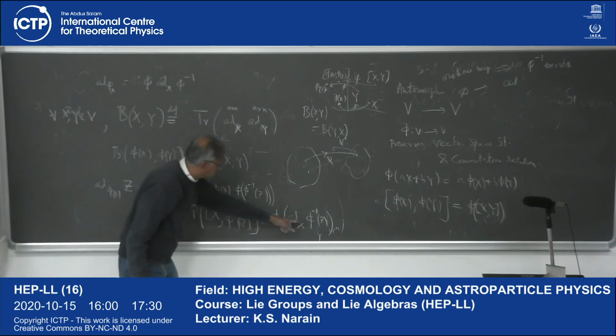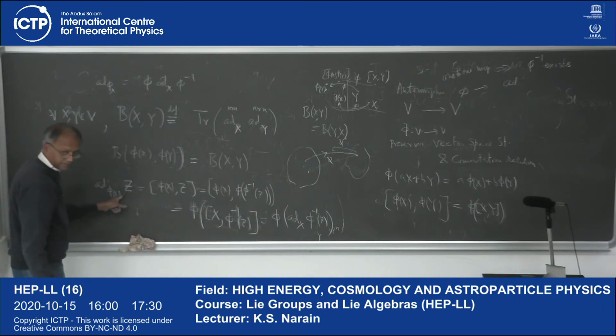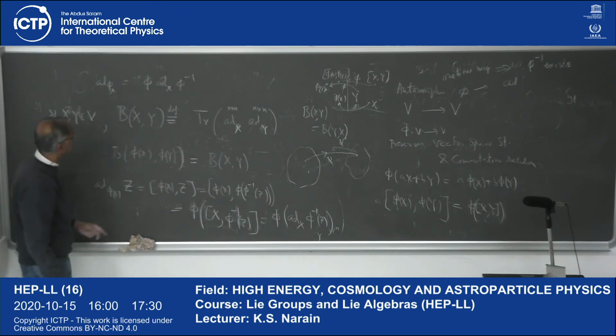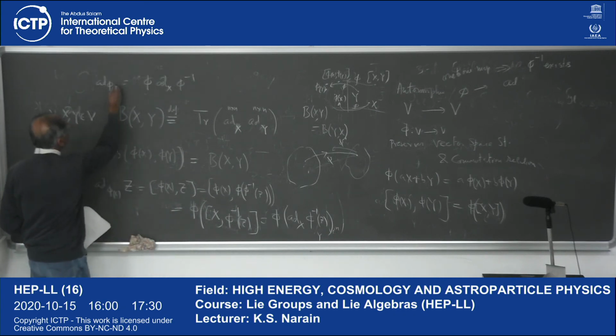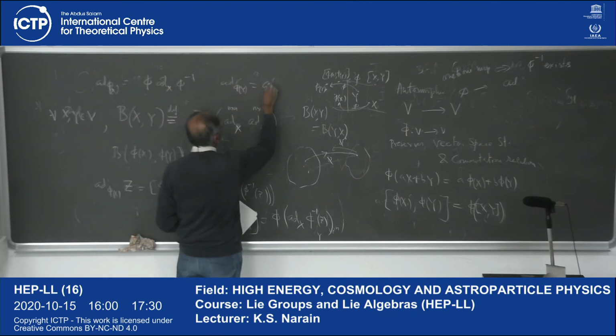So you see, first you apply phi inverse on z, then you apply ad x on that, and then you apply phi on that, on an arbitrary z. So that means ad of phi x is the same as phi ad x phi inverse. Now, similarly, ad phi y will be phi ad y phi inverse.